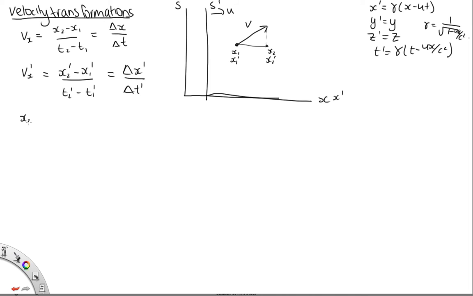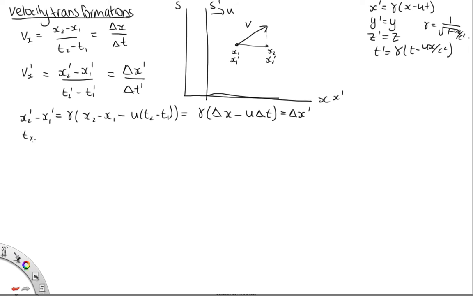So we can write x2 prime minus x1 prime. Now using our Lorentz transform, we can write this as gamma x2 minus x1 minus u t2 minus t1. So this is equal to gamma delta x minus u delta t, and that is equal to our delta x prime.